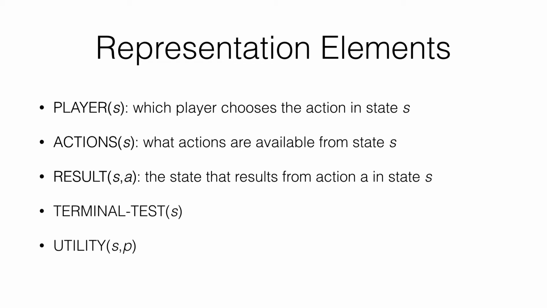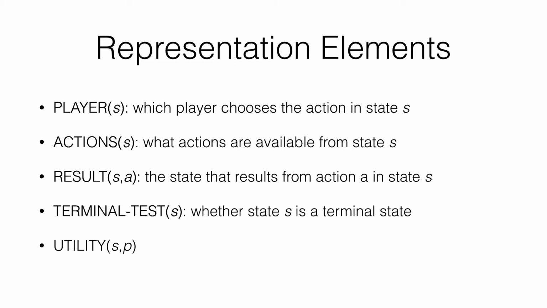But the point is, there are situations where the game stops and scoring happens. And so the terminal test is just going to be a Boolean function that tells you, is this state a terminal state? Is this a state where it's time to score the game result, and then essentially either start over or just end the game.